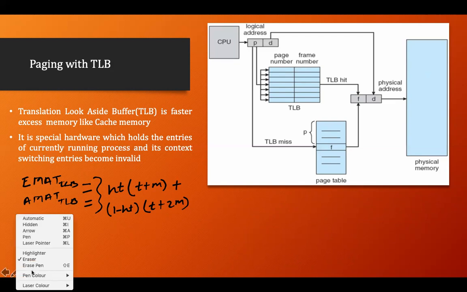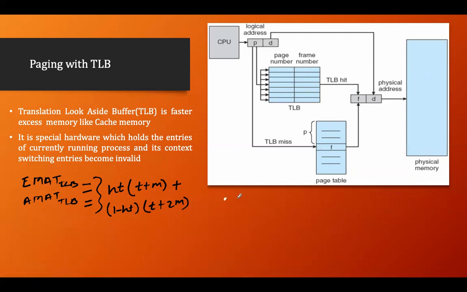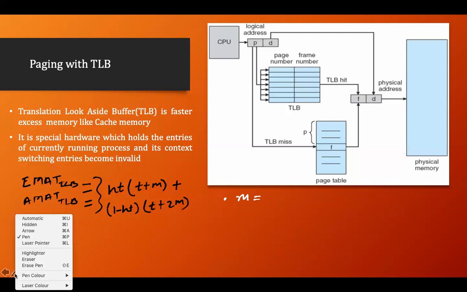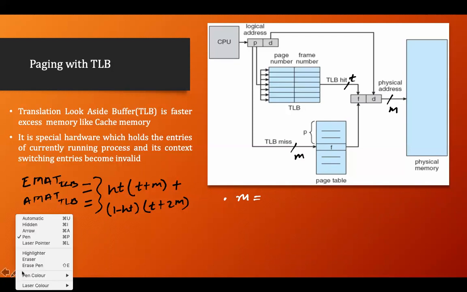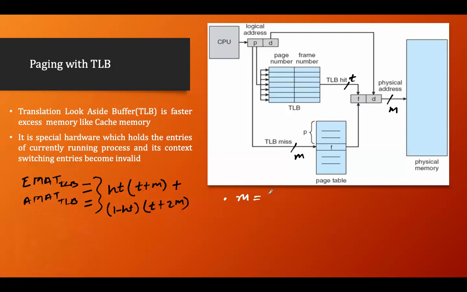So let's talk about one problem. M means how much time we are taking for physical addressing, right? How much time we are addressing this physical memory. So let's assume that this is T, this is M, and this is M. This is T, okay? So M we are getting as 100 nanosecond.